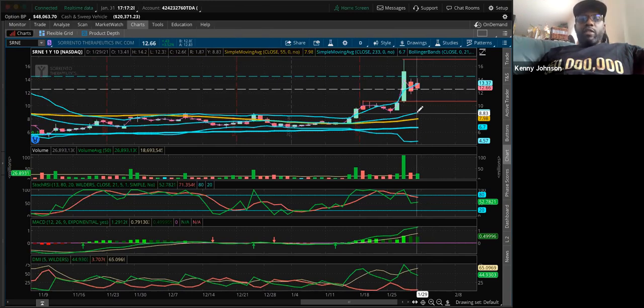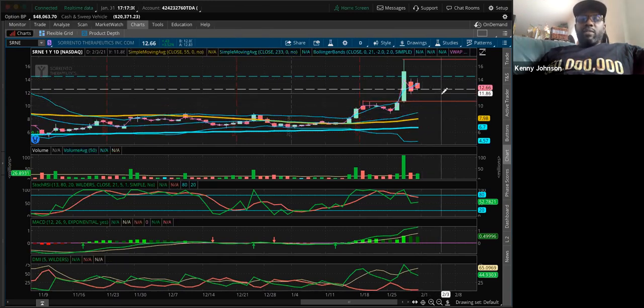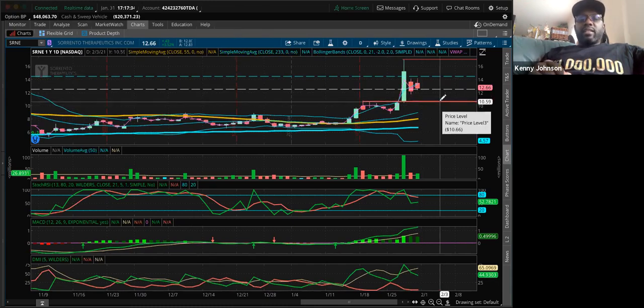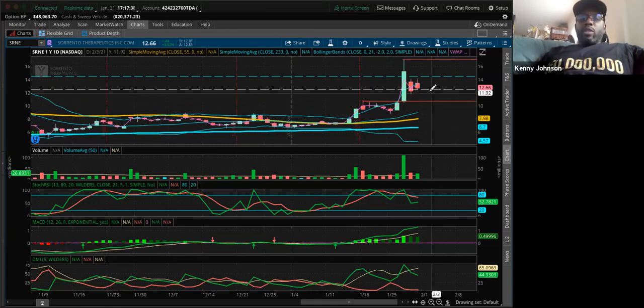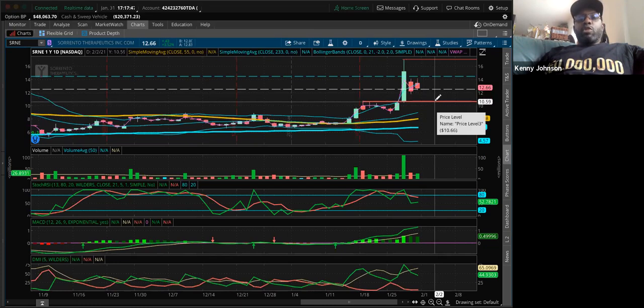So hopefully tomorrow, let's say it'll be somewhere around maybe this, what's that? That $10.66. But if it goes to that, then we know that it has gone past this support level, and now that support level will become resistance, and this would be your new support level.